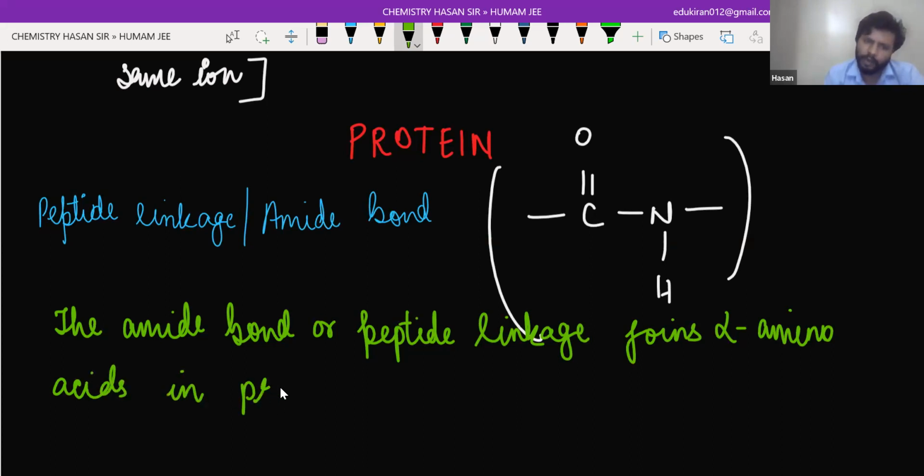So in protein, what happens? The peptide bond is going to join alpha amino acids in protein. Okay. For example, I'm going to show you first right here. So these amino acids join together to form a peptide bond, which is present in protein.